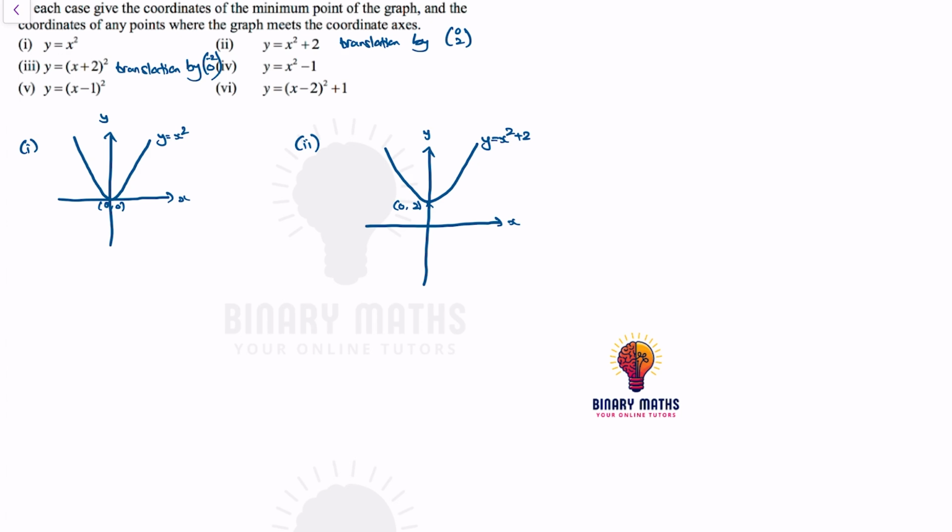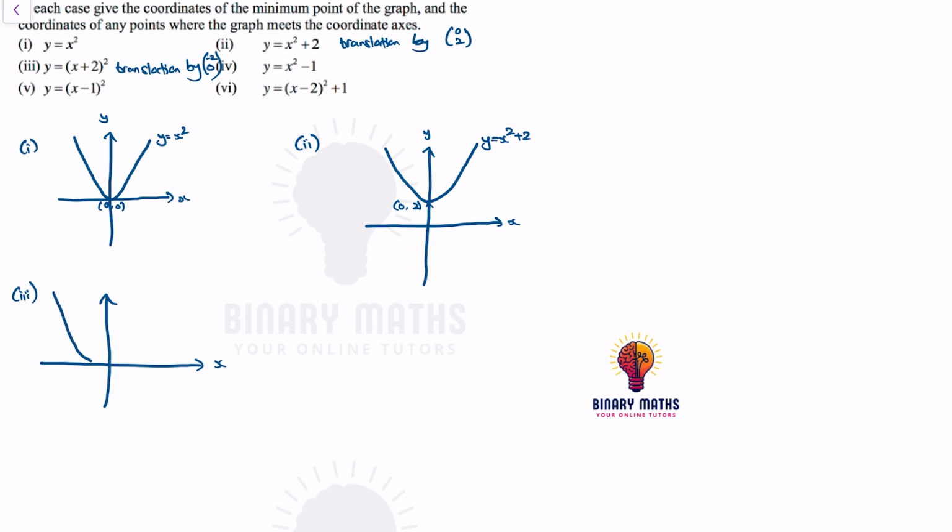Okay, so if I were to sketch this, so number 3. X and y is translated by minus 2, 0, so it translates by minus 2 in the x direction. So now it'll look something like this.